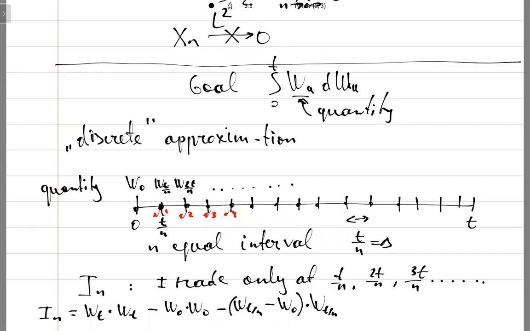At the second transaction point, I additionally buy W2t over n minus Wt over n, multiplied by the price, W2t over n, and so on for each trading moment. Any questions?